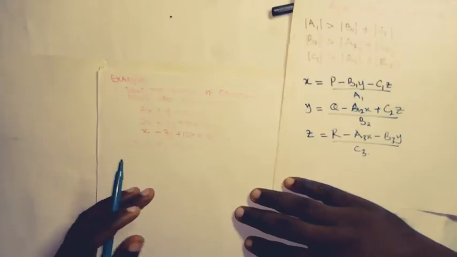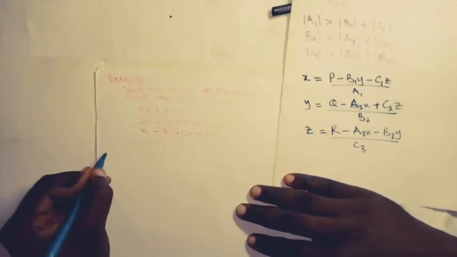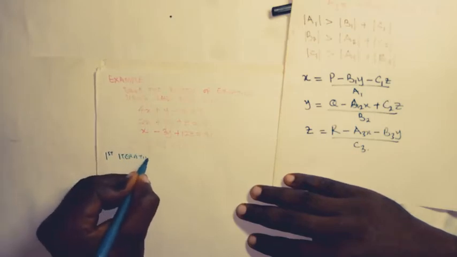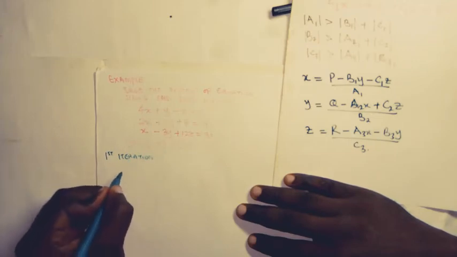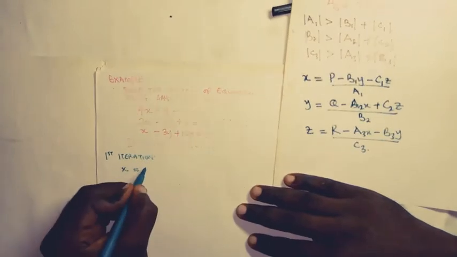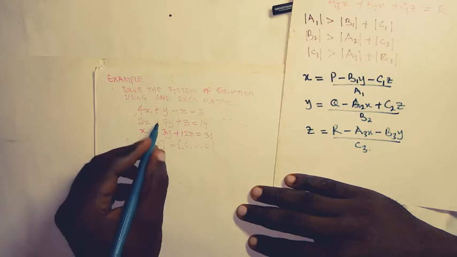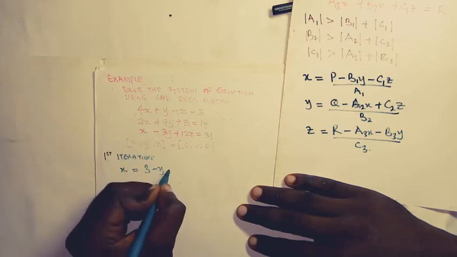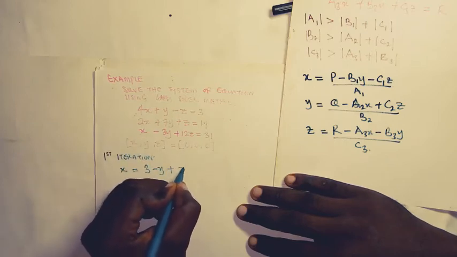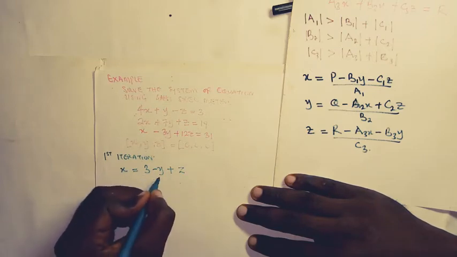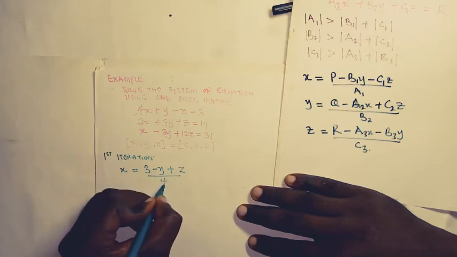So we have iteration 1 first. So we say for x is going to be equal to 3 minus y plus z, divided by 4.